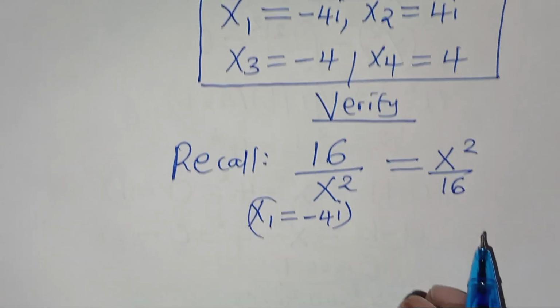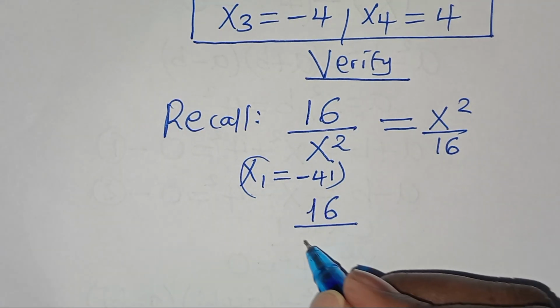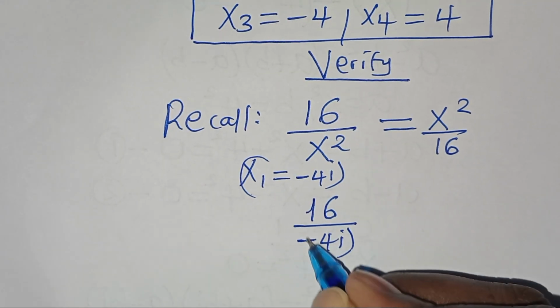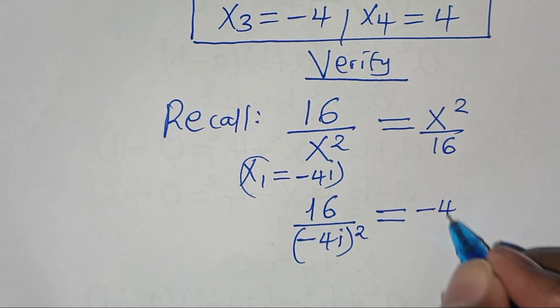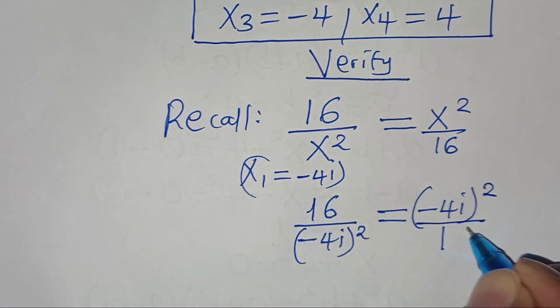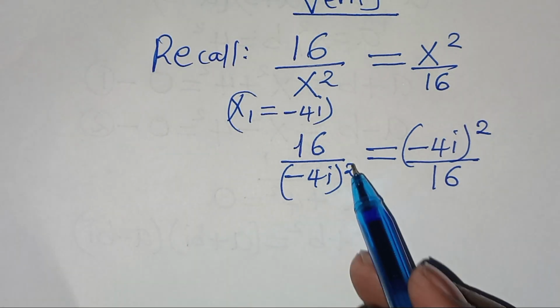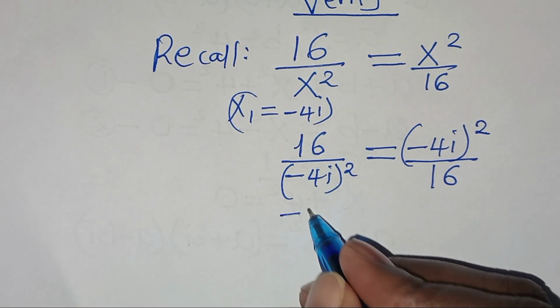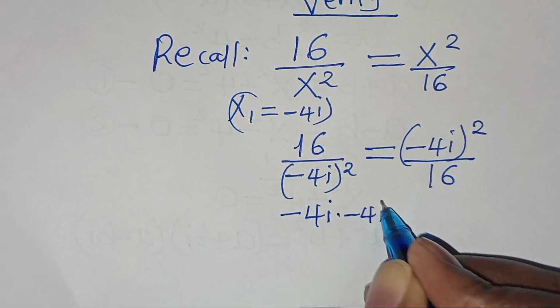Let's substitute this. So here we have 16 over negative 4i raised to power 2, which is equal to negative 4i raised to power 2, then over 16. So negative 4i squared is the same thing as negative 4i times negative 4i.